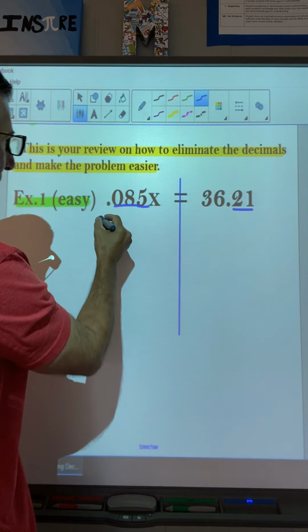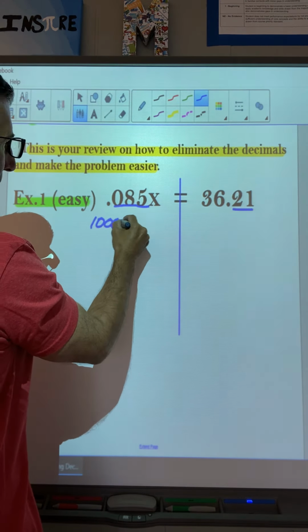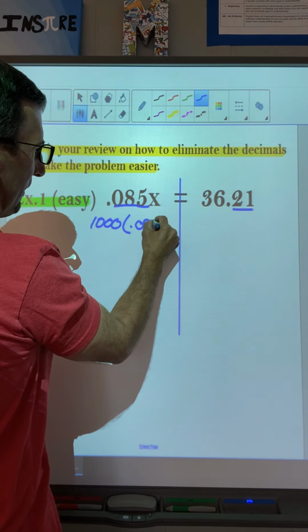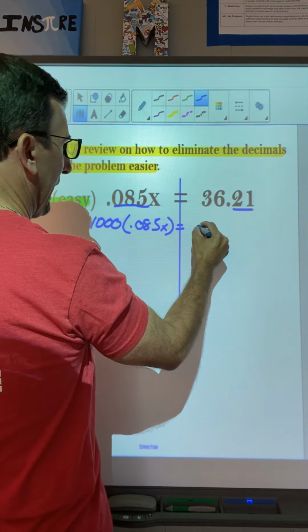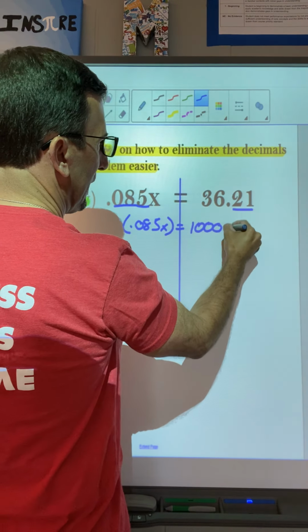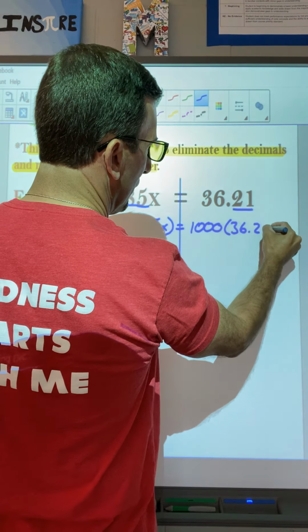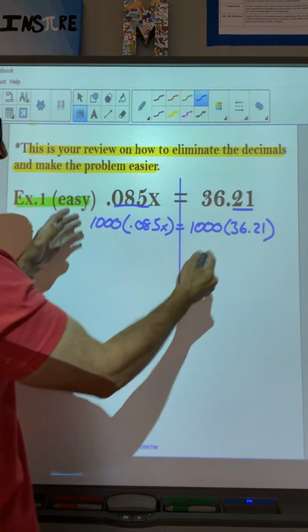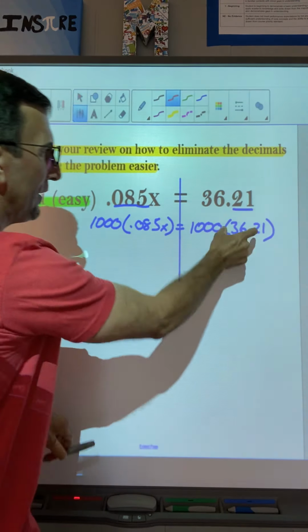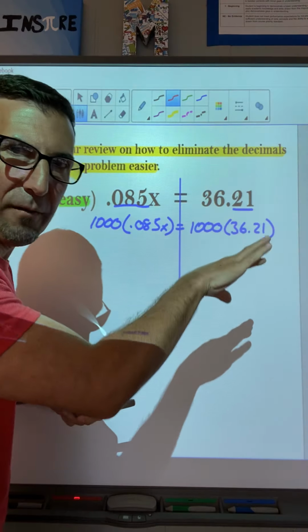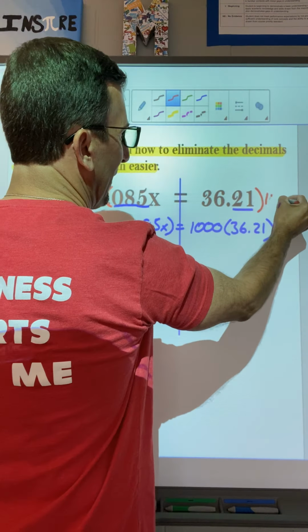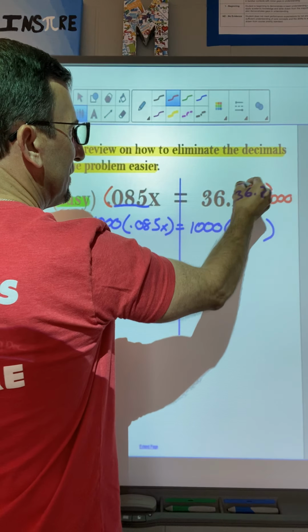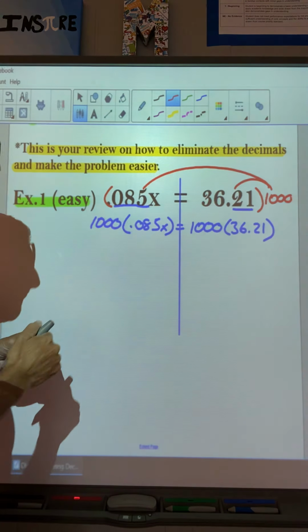So let's do that. So we have 1,000 times 0.085x equals 1,000 times 36.21. Now you could set it up with one big. You don't have to do it separately like this, but you got to do everything. You could set it up like this times 1,000, and then just distribute to both sides.